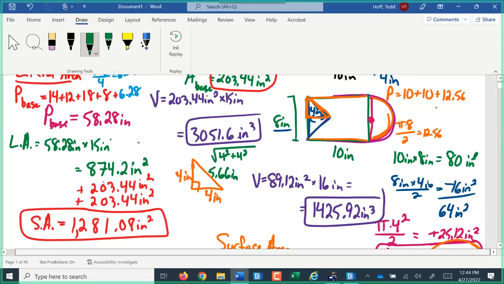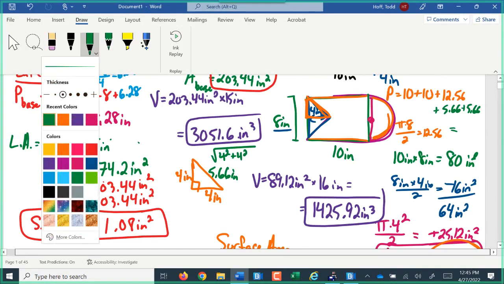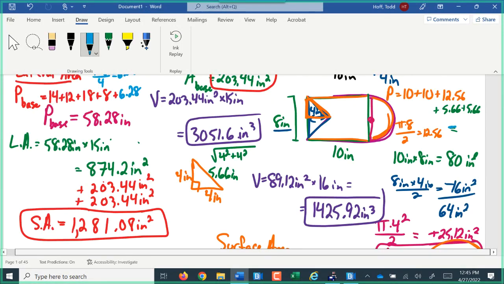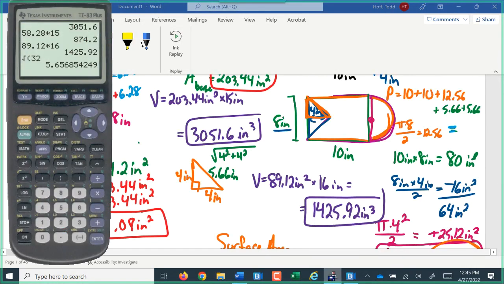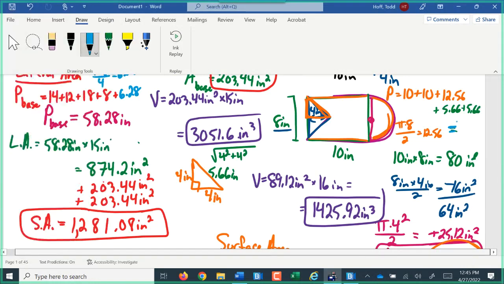So over here, plus another 5.66. So it's going to give us a perimeter of that base of 43.88, I believe, inches.